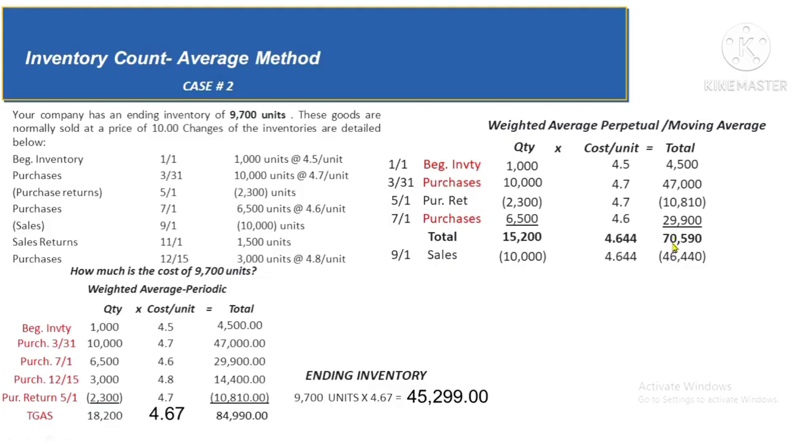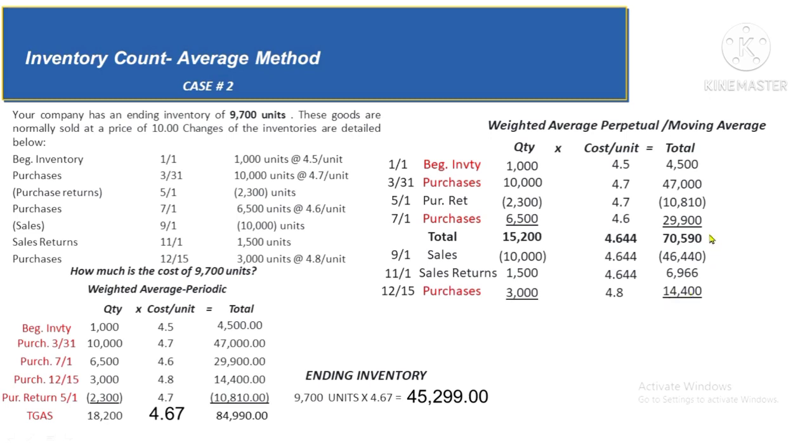So this transaction was followed by a sales return of 1,500 units. And the cost per unit to be adopted by this comes from the most recent sales, which is the 4.644. So we need to put that right here. So we have a total of 6,966. And lastly, we just have to add the last purchase transaction, which is 3,000 at 4.8, and we will have 14,400.